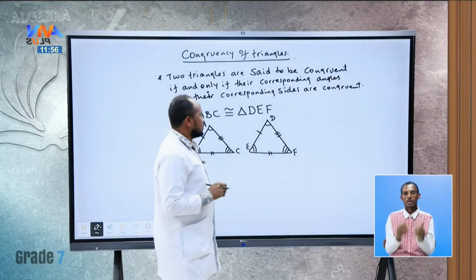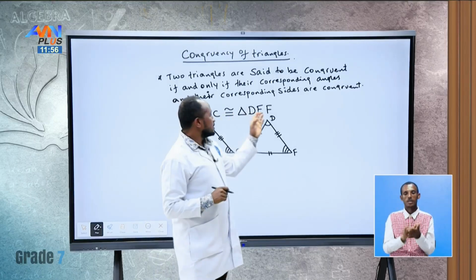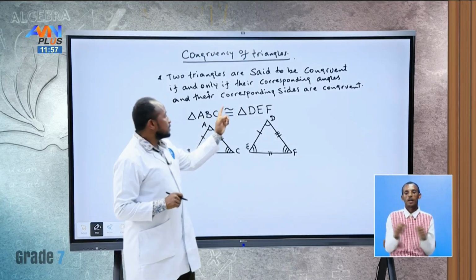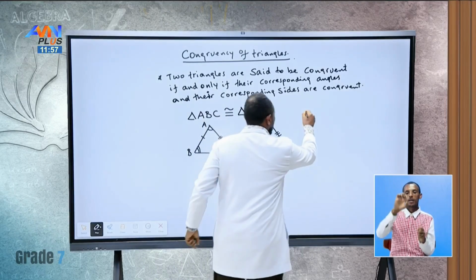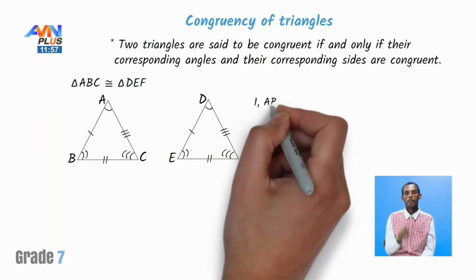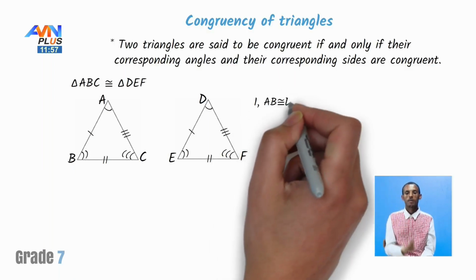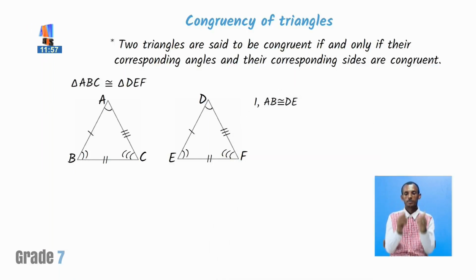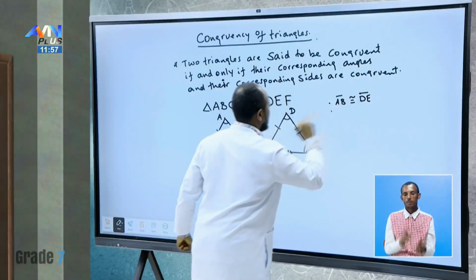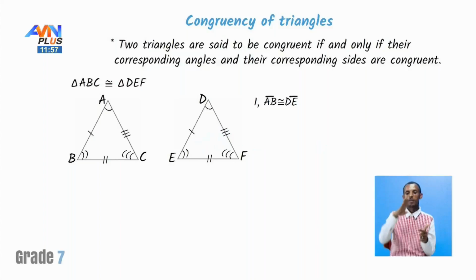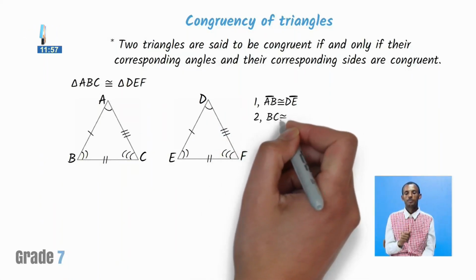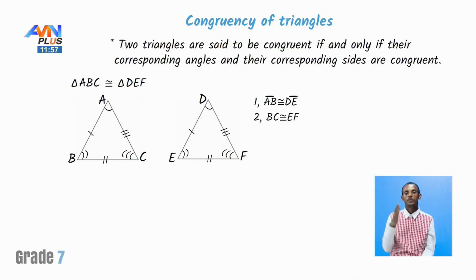So don't forget that this has 6 meanings. Triangle ABC is congruent to triangle DEF means, first, as I just stated, side AB must be congruent to side DE, and side BC must be congruent to EF.